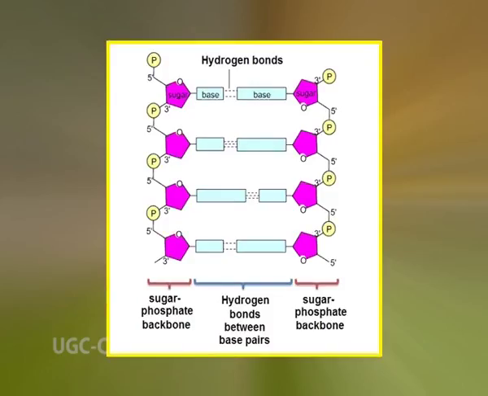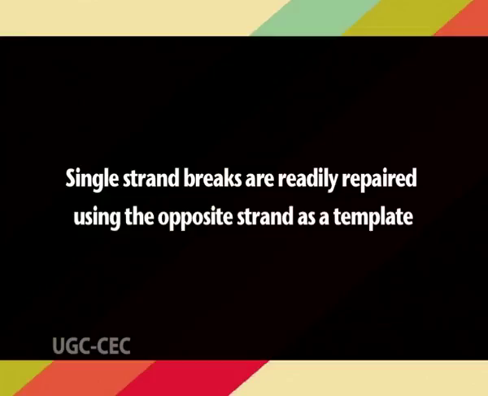Ionizing radiations are known to introduce 2 types of breaks in the sugar phosphate backbone. A single strand break occurs when only one of the sugar phosphate backbones is broken. Single strand breaks are readily repaired using the opposite strand as a template. However, base pair substitutions and frame shift mutations can still occur.